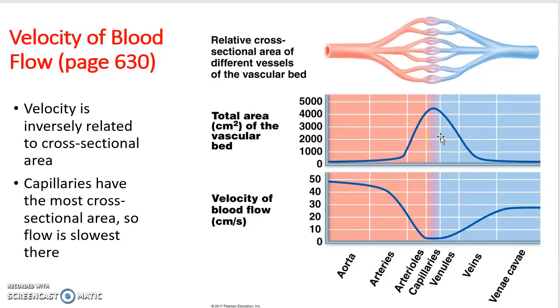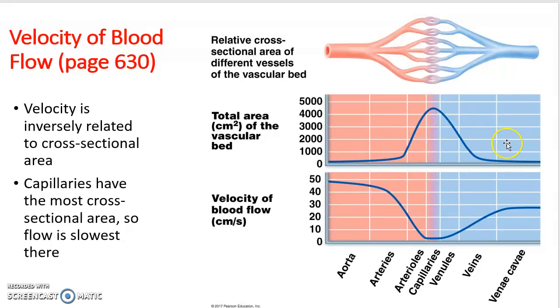Okay, and so what this top graph here is showing you is the aorta. Its total cross-section is quite small compared to the arteries, and then a lot smaller than the arterioles, and then the capillaries, and then we go back down towards the vena cava.